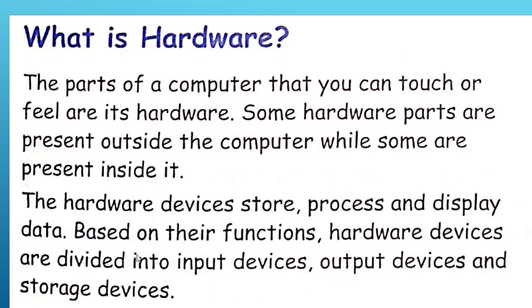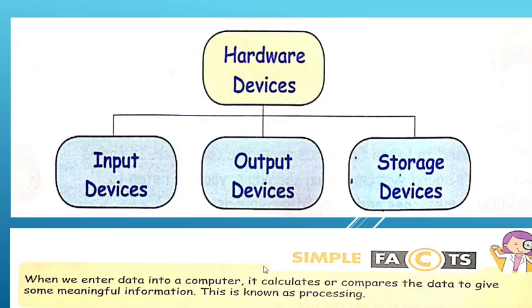Now, when the CPU does something, it does some basic calculation and displays some meaningful result. This computer hardware is divided into input device, output device and storage device, which you have seen in your previous figure.